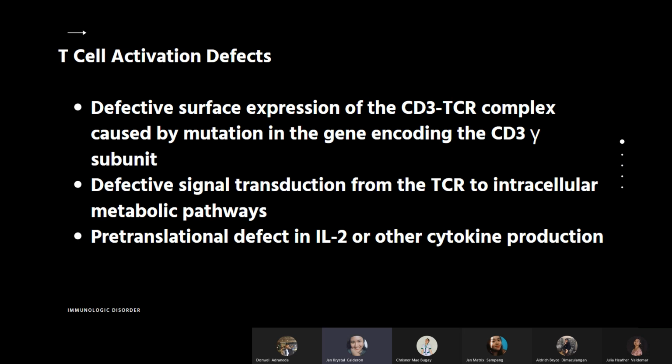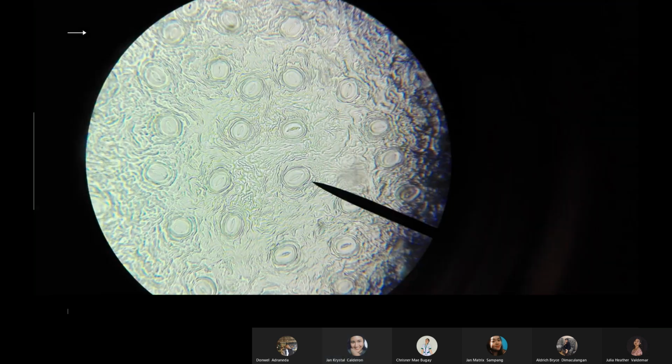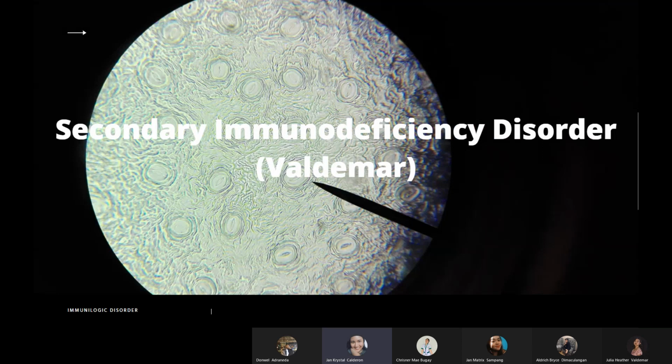Next is defective signal transduction from the TCR to intracellular metabolic pathways. And last is the pre-translational defect in IL-2 or other cytokine production. Next, please.